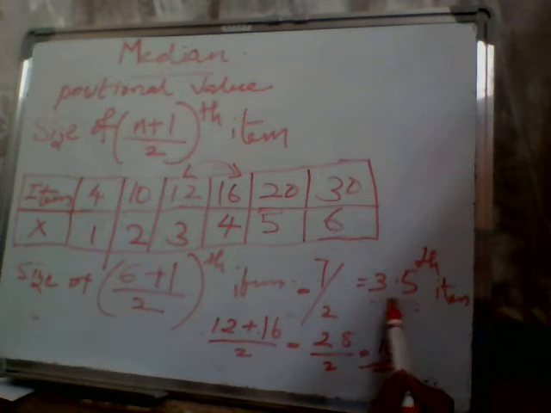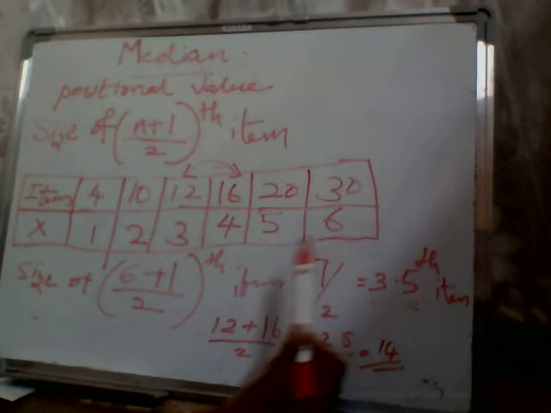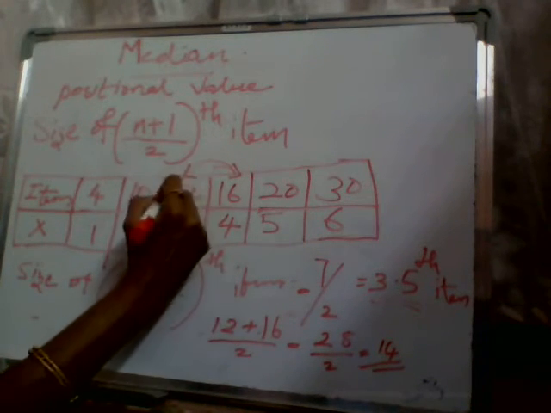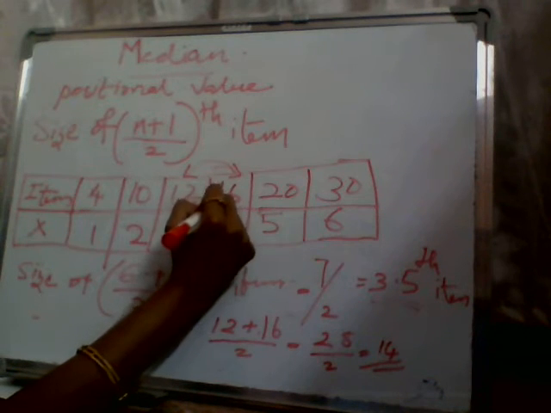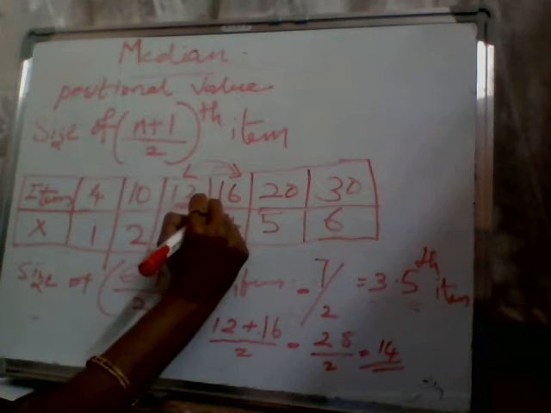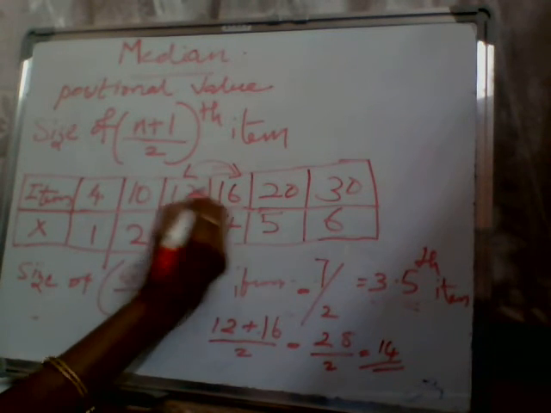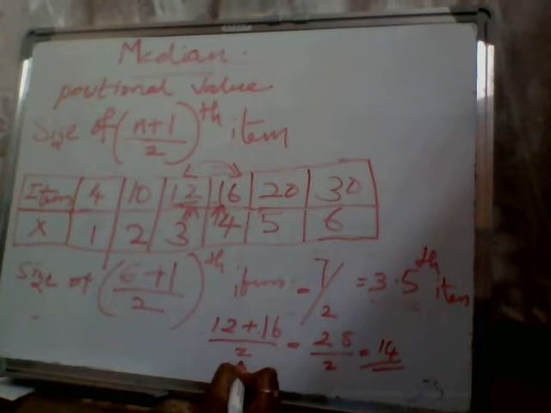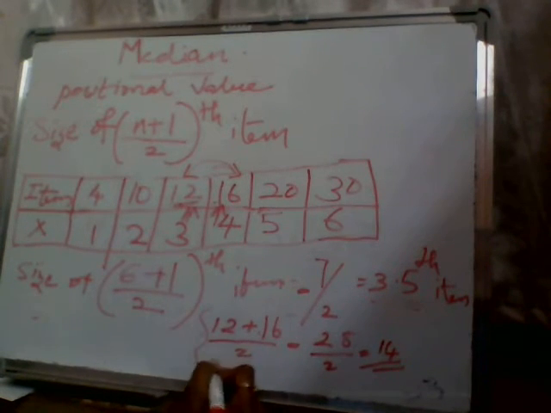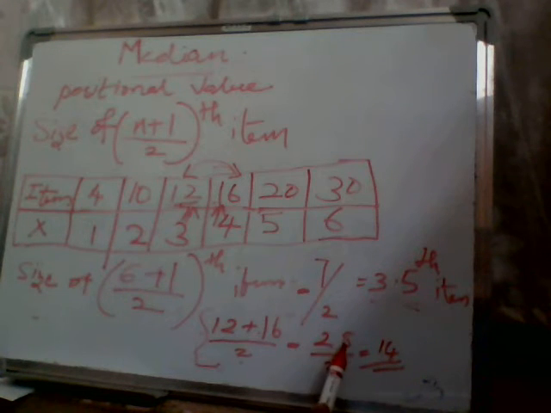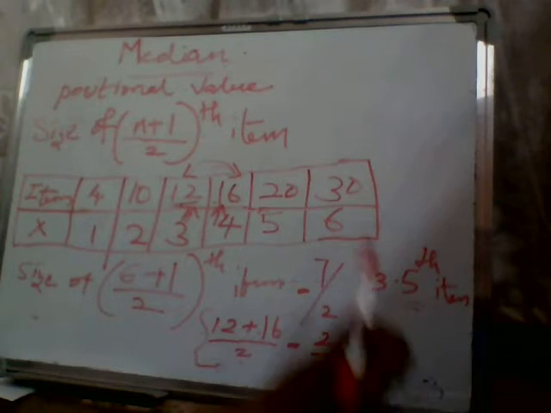Third value is 12 and fourth value is 16. Third and fourth value: 12 plus 16 divided by 2. 12 plus 16 is 28. 28 divided by 2, the answer is 14.